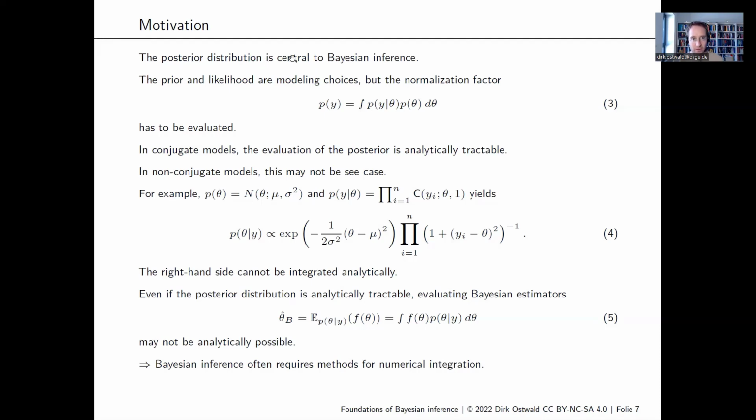Recall again, now we're looking at the slide properly, the posterior distribution, that's what we want in Bayesian inference. The prior and the likelihood don't come from anywhere. We decide what they are. So we decide we want this kind of data distribution because we want to allow for random error around some function or something like that.